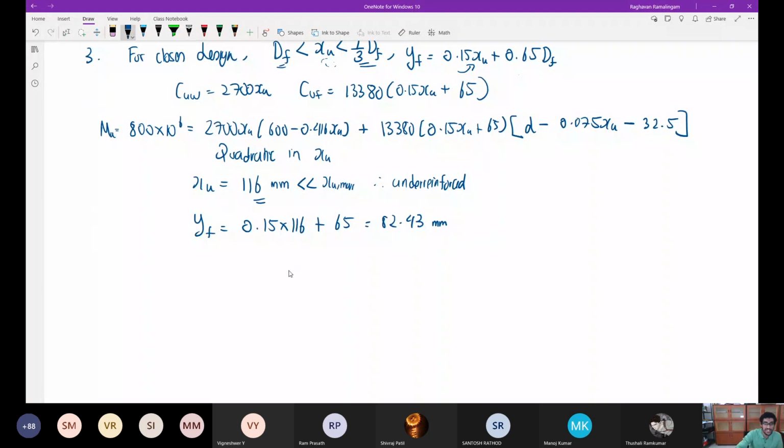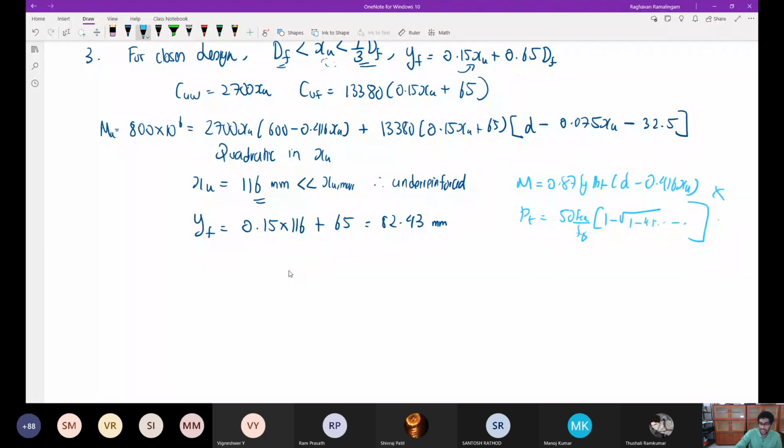Okay. Only thing you should remember is our normal equation, no? The 0.87 FY AST into D minus 0.416 XU. Okay. Or even this one, PT equals 50 FCK by Fy into 1 minus root of 1 minus 4.6 Mu by FCK bd squared. So you have this equation, no?